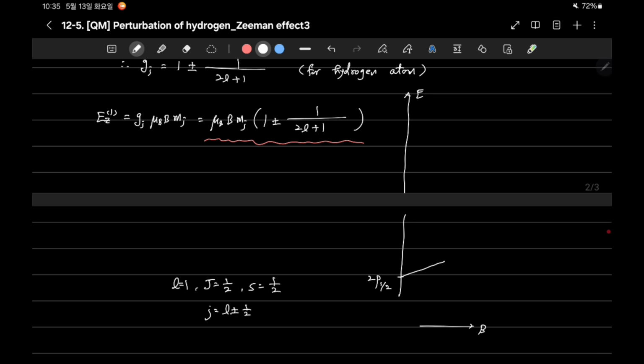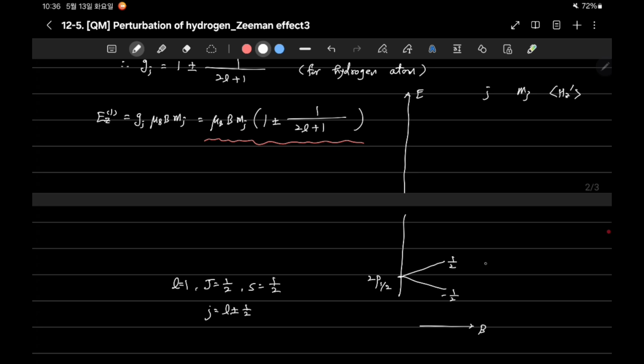So one thing is the J and m_J in the Hamiltonian expectation. There are two possibilities. One is L plus 1/2 and minus 1/2, spin up and spin down.